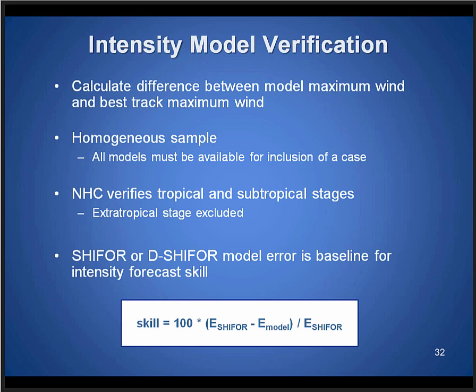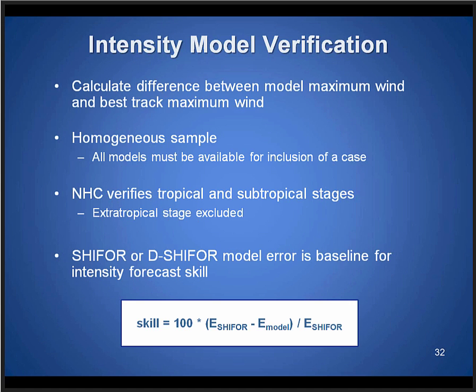So it's important every year to verify our forecasts as well as the model forecasts. And so when we do these verifications and we're comparing models, we want to make sure it's an apples-to-apples comparison. So we want to make sure that it's the same number of cases for each model. And also, we do verify if it's a tropical cyclone or a subtropical cyclone.